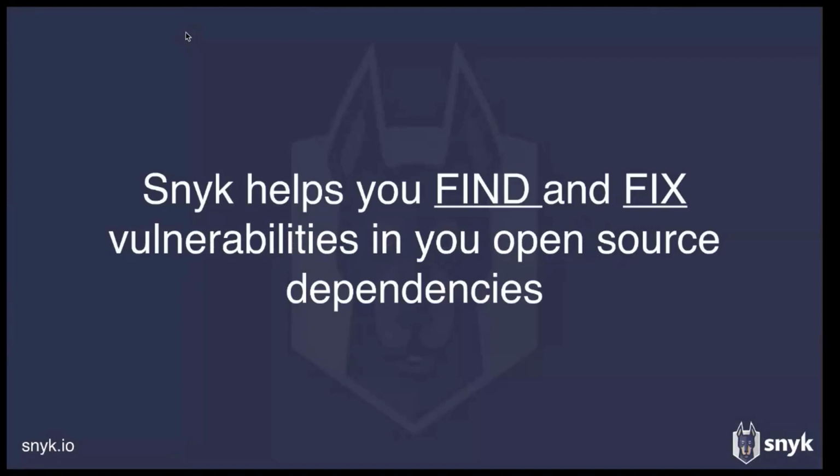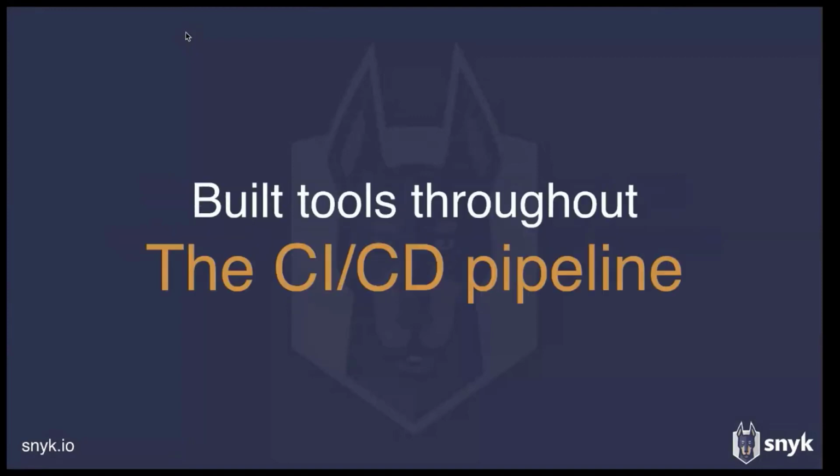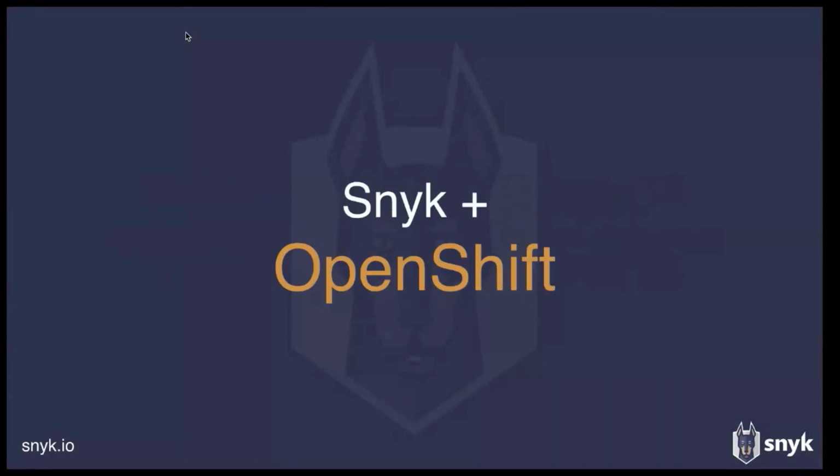But we have tools as well to help you fix vulnerabilities in your open source dependencies. We have tools throughout the CI/CD pipeline. So here we saw a tool towards the end of that pipeline, right? Blocking deployment if there are still known issues, right? But we can help you with development. We can help you with code review, all these sorts of things.